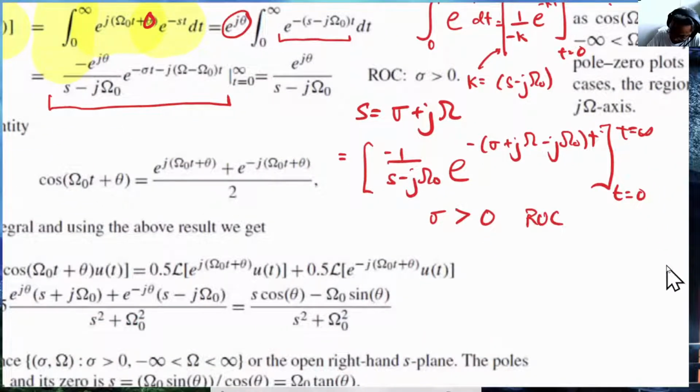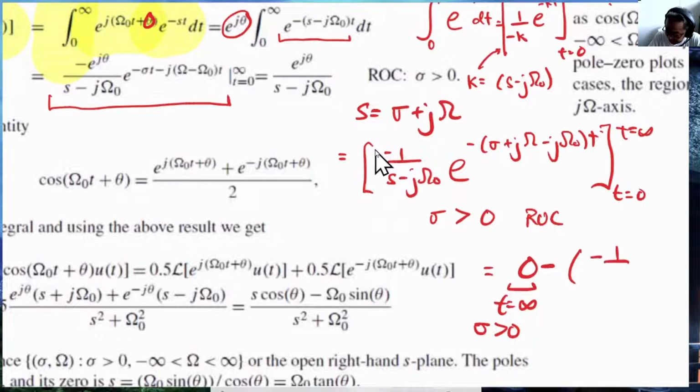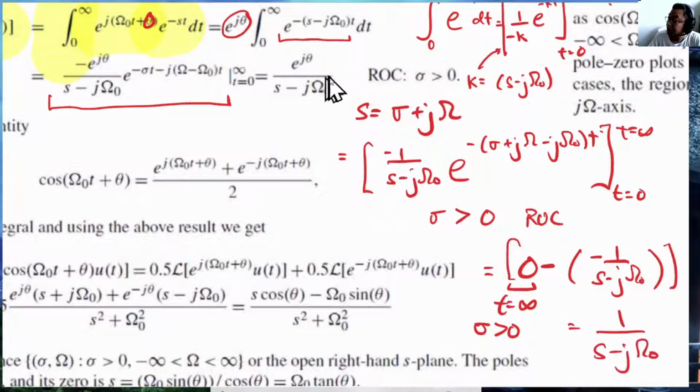So when t equals infinity and sigma is greater than 0, the upper limit is 0. In the lower limit of t equals 0, this whole expression becomes 1, and therefore it will be minus 1 over minus (s minus j omega naught), which becomes 1 over s minus j omega naught.